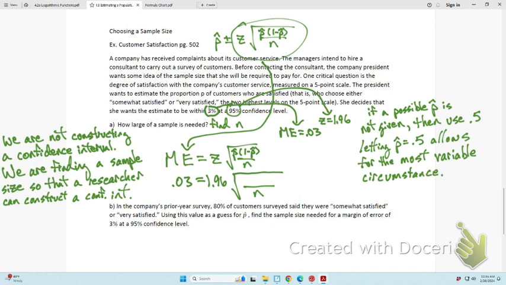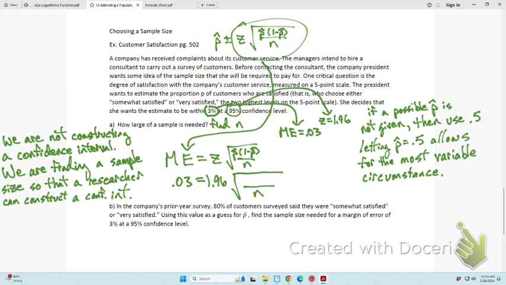I think it dawned on me why we do that when I went back to geometry and I looked at 2D figures. If I'm looking at a quadrilateral, the figure that maximizes the space is a square. So if I'm multiplying two numbers here, if I want to maximize, create the worst possible scenario so that I meet my boss's condition of 3%, I need to account for that worst possible scenario.